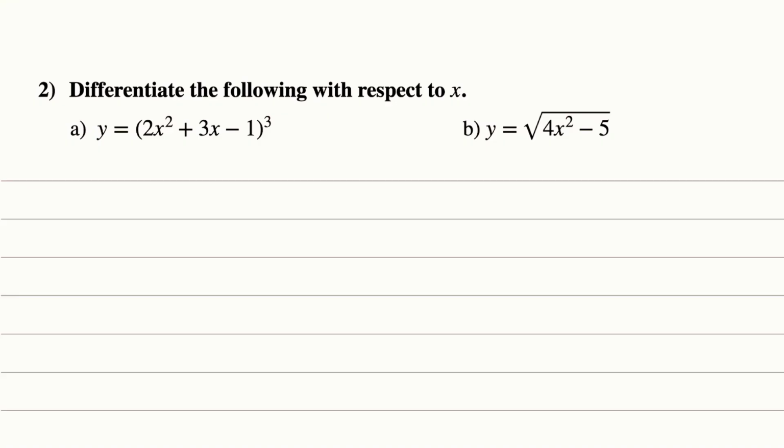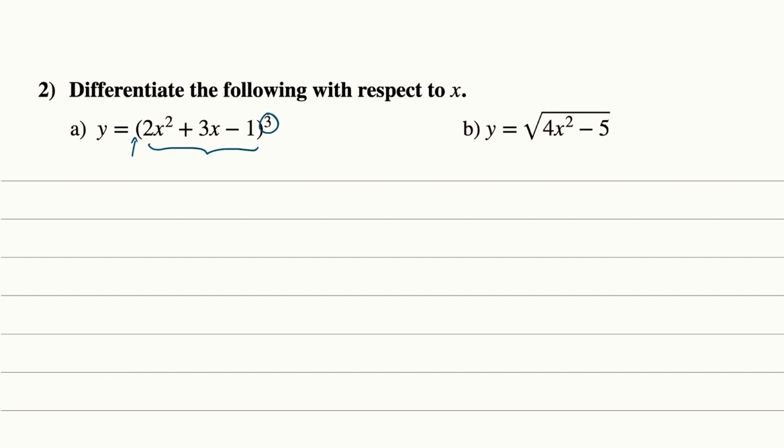Now let's try out two examples to solidify our concepts for the chain rule. Let's differentiate the following with respect to x. We have y equals (2x squared plus 3x minus 1) to the power of 3. Now how do we know that we can use the chain rule? We have an expression within the bracket that has a power of 3, and there are no variables outside of this bracket.